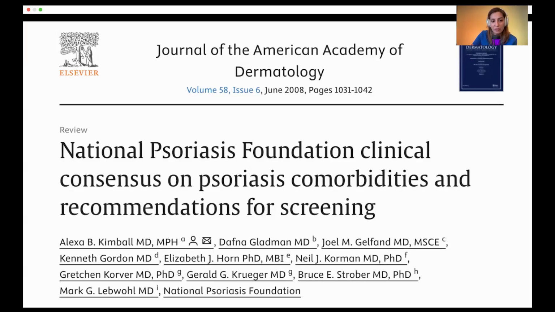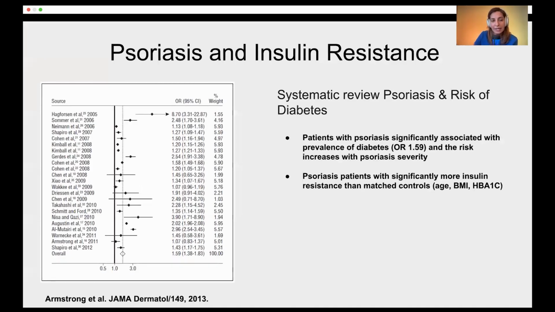The next slide here just shows a paper from JAMA Derm in 2013, a systematic review showing that psoriasis is absolutely correlated with insulin resistance, and patients with psoriasis have an increased risk of diabetes, and the risk of diabetes increases with their psoriasis severity, meaning the more psoriasis you have, the higher the risk.